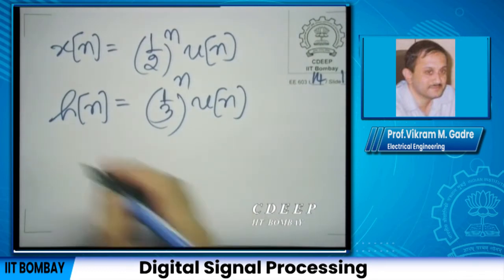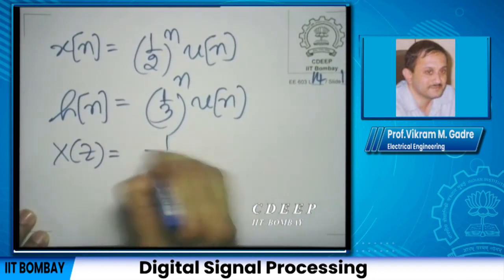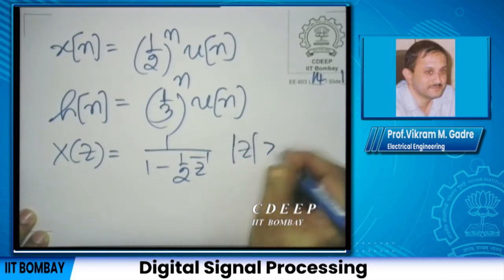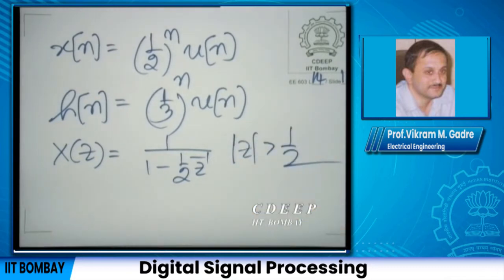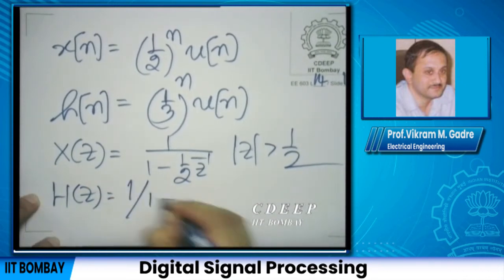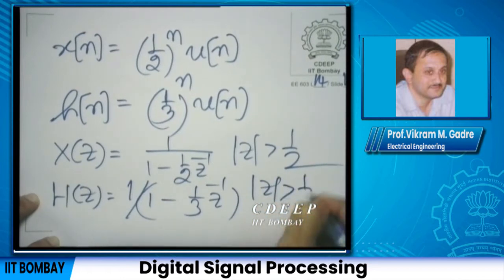It is very easy to see that x z is 1 by 1 minus half z inverse with mod z greater than half, and similarly h z is 1 by 1 minus 1/3 z inverse with mod z greater than 1/3. Very easy to see.